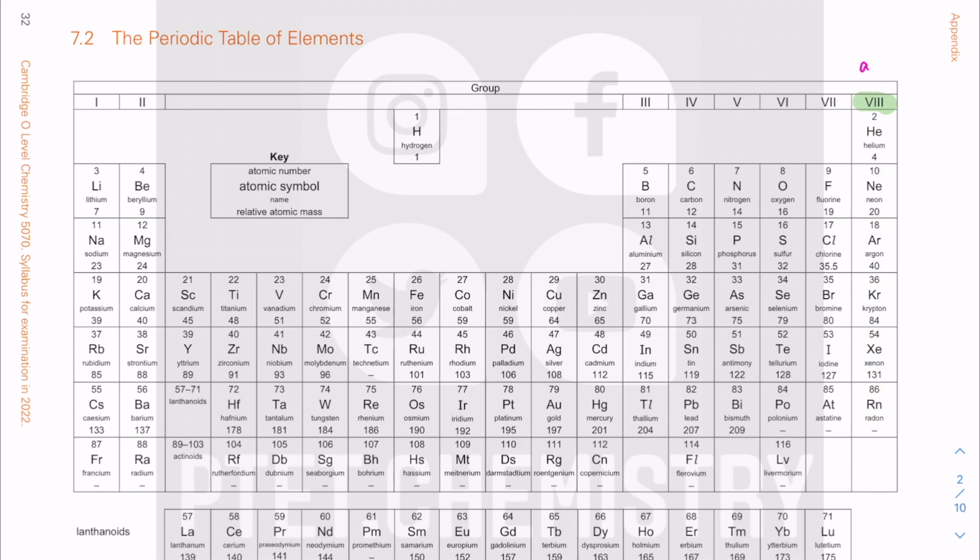So as individual atoms, they are elements, because they only contain one particular type of atom.